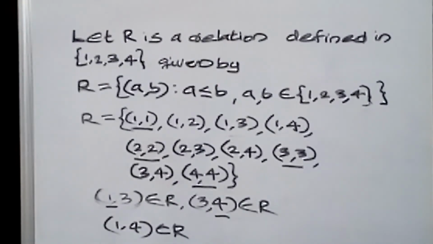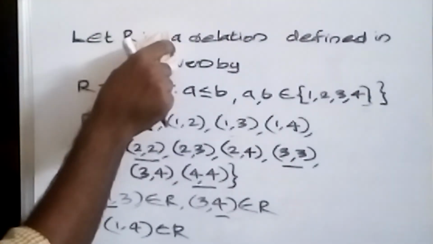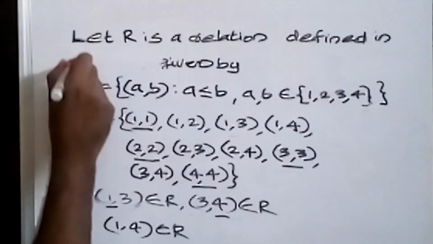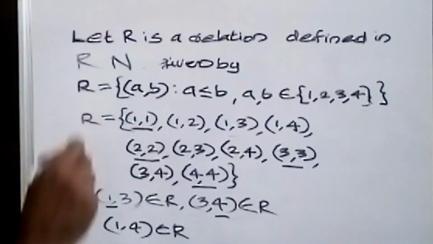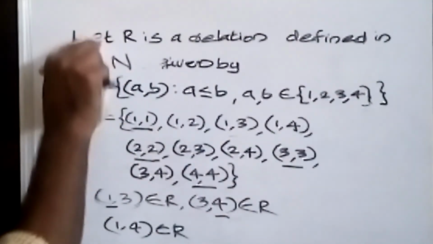Now, let us extend this question for an infinite set. Here {1, 2, 3, 4} is a finite set. If we replace the set {1, 2, 3, 4} by an infinite set like R, the set of real numbers, or N, the set of natural numbers, etc., we can make another question.